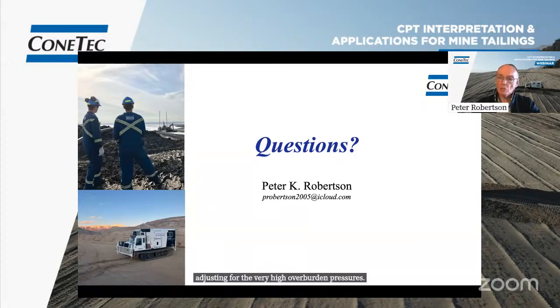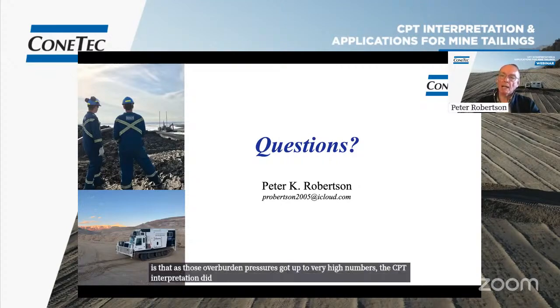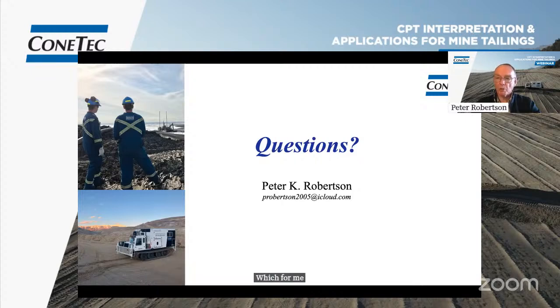As those overburden pressures got up to very high numbers, the CPT interpretation did appear to be correctly tracking it, which for me was a pleasant surprise. The normalization does seem to work. And of course, theory says it should work.